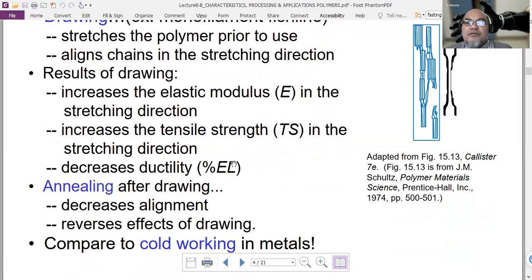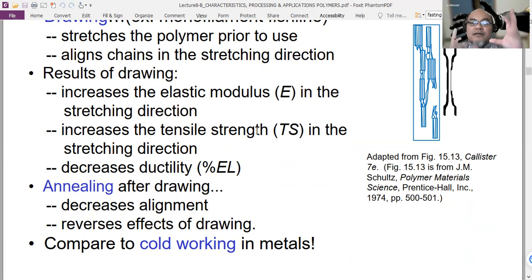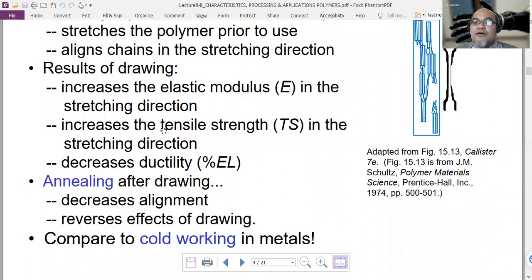If, however, we do annealing, similar to metal, the alignment can decrease. They start to be misoriented towards one another again between the crystalline regions. As a result, the ductility may increase again. This resembles that of the metals. Remember the cold work and annealing in cold working.